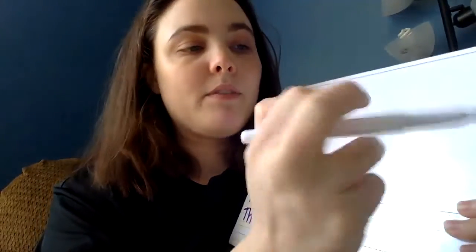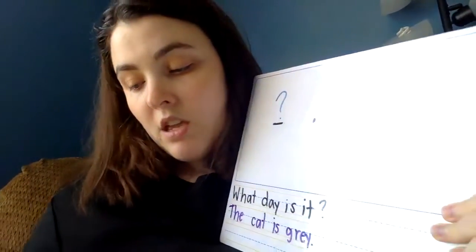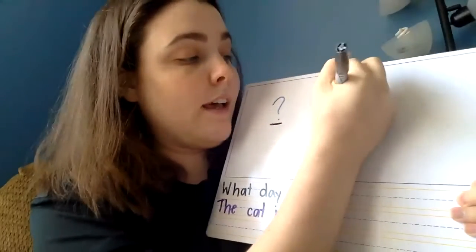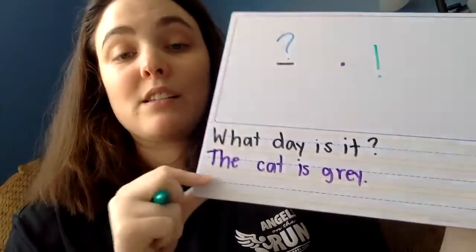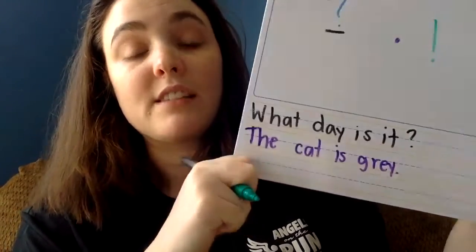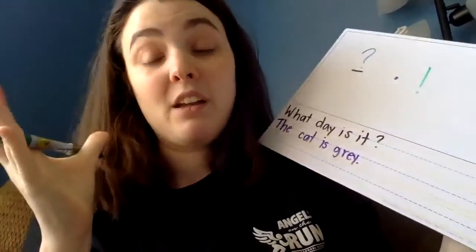And the last type of sentence that we've talked about is one that uses a mark that looks like this. It's a line, the dot on the bottom. And that is called an exclamation point. And that tells us, if that's at the end of the sentence, the sentence is something exciting or surprising is happening. So a good surprising sentence could be happy birthday.